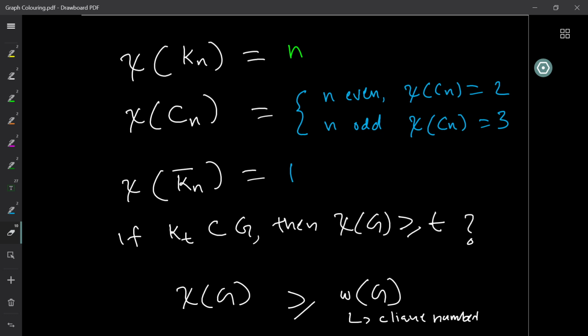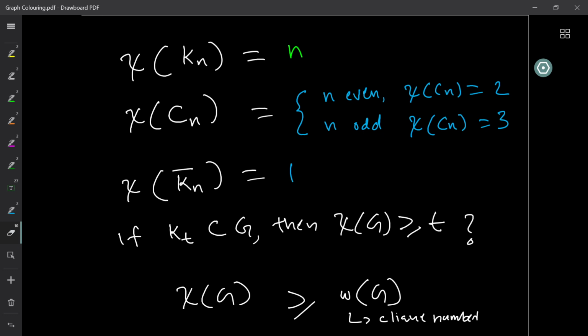So I want you to think about some nice example where you have a graph whose chromatic number is larger than, let's say, k plus 2, and the clique size is only, let's say, k.